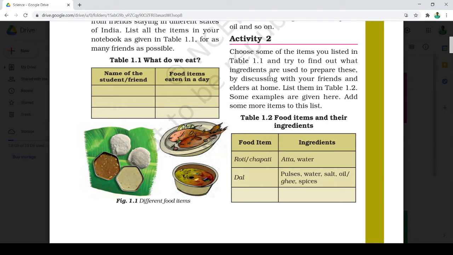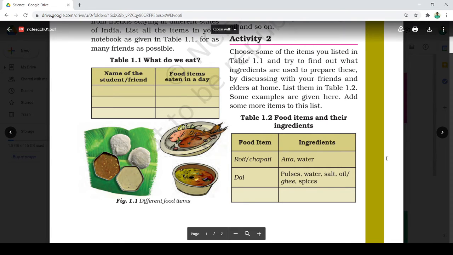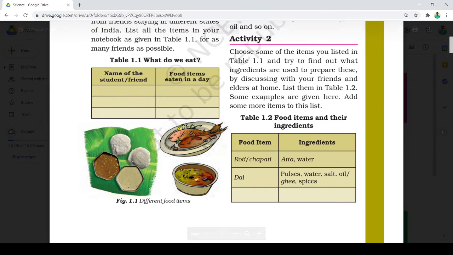Then list them in table 1.2, which is this. The table gives some examples here. Add examples from table 1.1, food items eaten in a day.